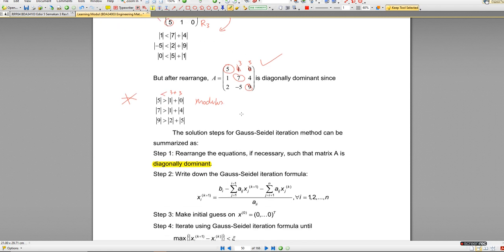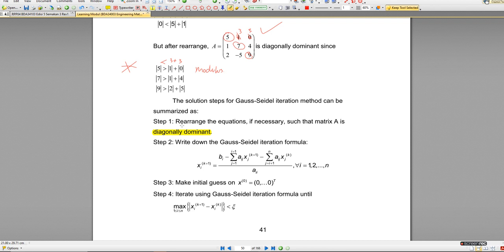Okay, and then the solution steps for Gauss-Seidel iteration. Let's say we already get the diagonal matrix. The solution steps for the Gauss-Seidel iteration method can be summarized as follows. Step 1, rearrange the equation if necessary, so that the matrix is diagonally dominant. Step 2, write down the Gauss-Seidel iteration formula based on this one.